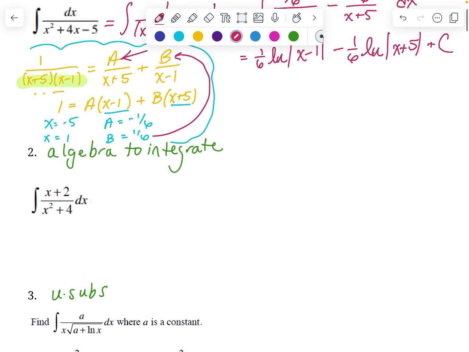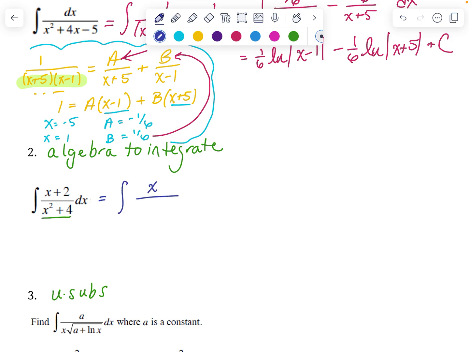Okay. The next bit is one that we're going to do with splitting. I look at this at first and I really would like it to be a u substitution, right? Where this u might be the denominator, but I can see I'd get 2x and I just have an x on top. I also have an extra 2. So that's problematic, but maybe I can utilize my idea if I split this up.